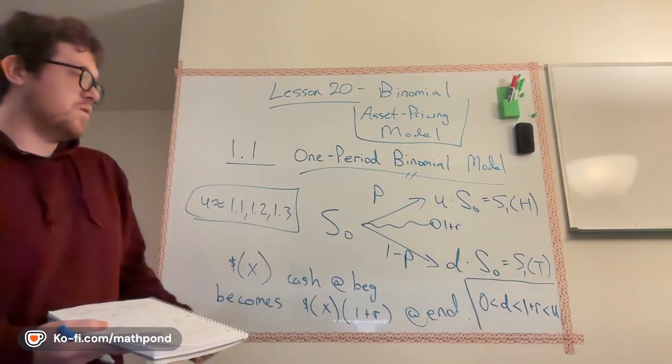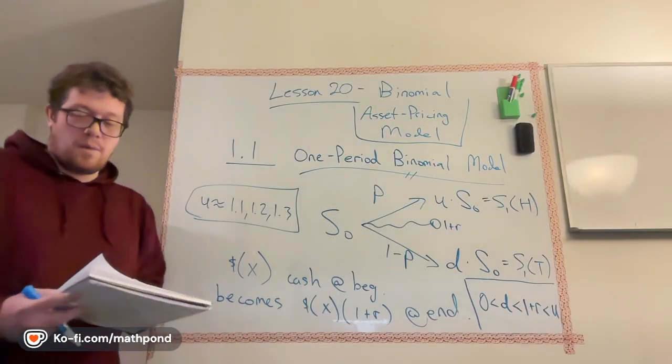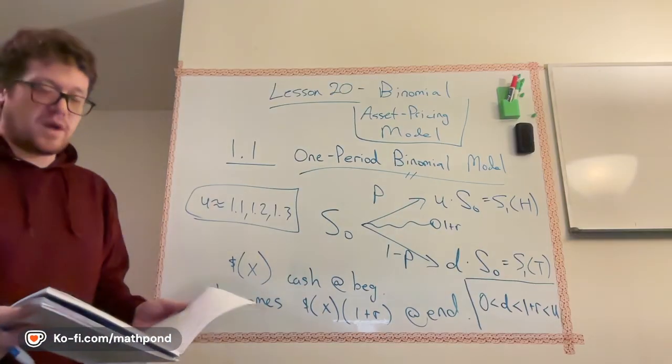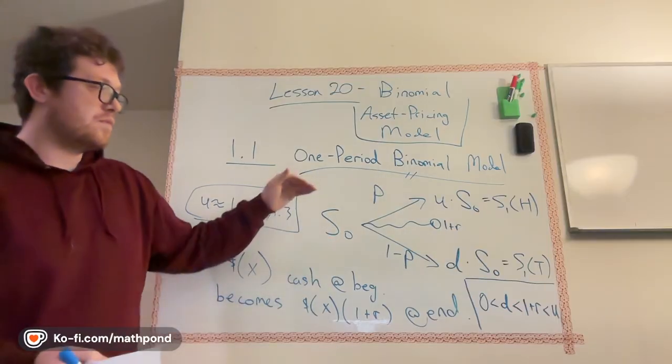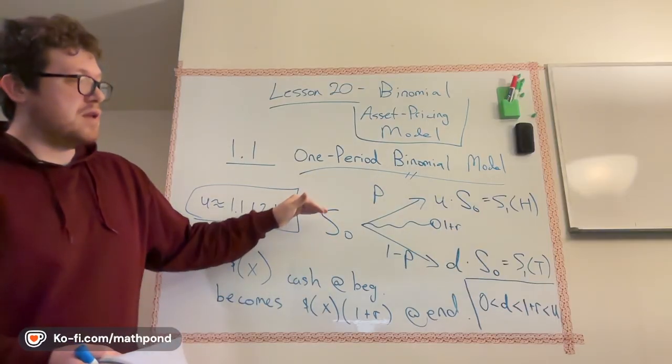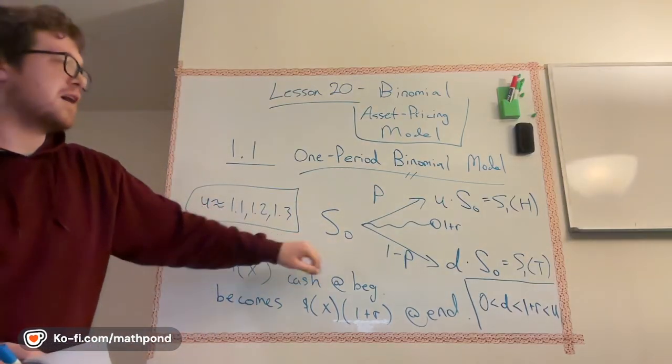So we're going to show that there's a formula later that I'll write that says we can replicate the payoffs of the option based on just trading in this underlying stock.